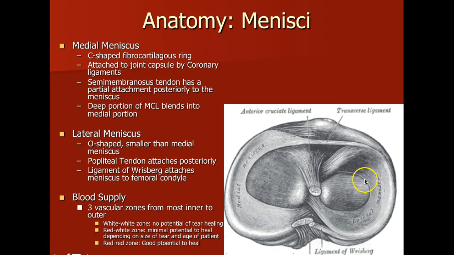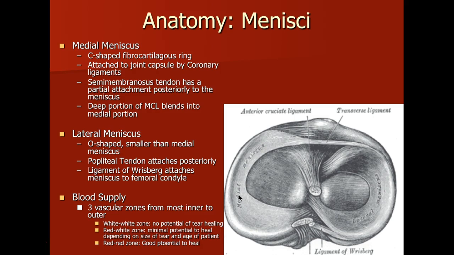This provides a little bit of a socket, kind of like in your shoulder, where your glenoid labrum encapsulates the head of the humerus. This pretty much provides that as well, so that the femoral condyles can sit in there a little bit more stable. And then the other thing is just nutrient distribution.